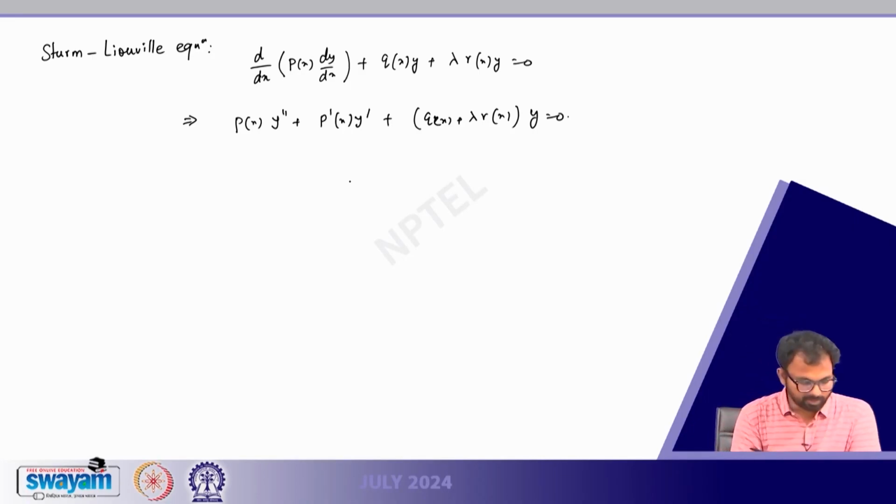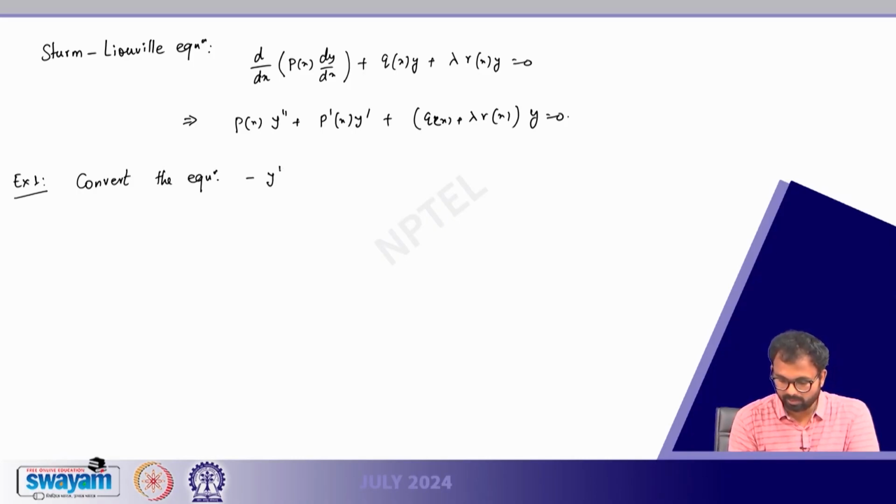So if we want to do that, suppose we have this equation. So example would be: convert the equation minus of y double dash plus x to the power 4 y dash equals to lambda y to Sturm-Liouville problem, right?